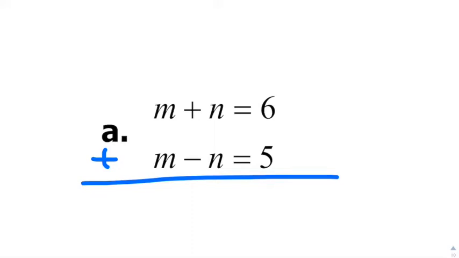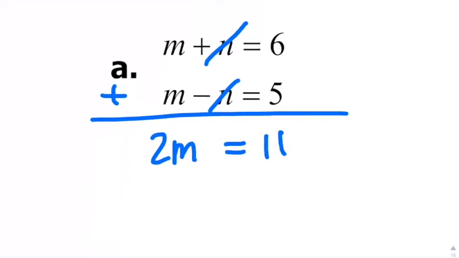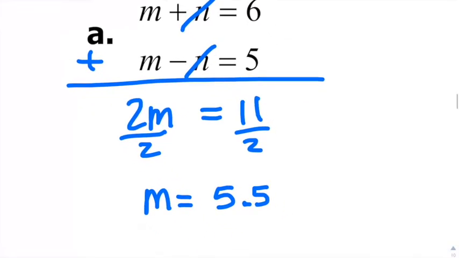So for example, if we add these two equations, we have two m's altogether. But then when we add the n's, n plus negative n, those will cancel each other out. Okay, and then on this right-hand side, I guess we're going to have 11. And then after that, just divide by 2. That's m is equal to, I guess, about 5.5. You could use 11 halves if you wanted. I'll use 5.5.